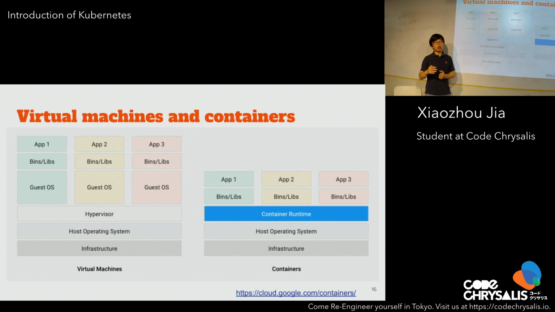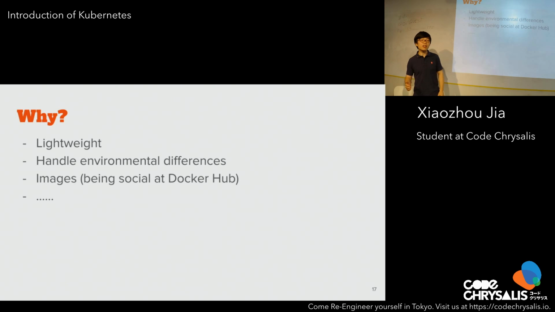So we have talked about virtual machines and containers, and here is the comparison between those two. You can see upon infrastructure, hardware, and operating system, we have the hypervisor and the container runtime. And upon which we have a guest OS for virtual machines, but for containers, we don't have that. So what's the benefit of this? As I was saying, an operating system is usually in gigabytes.